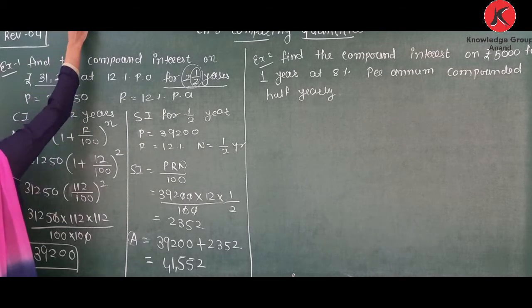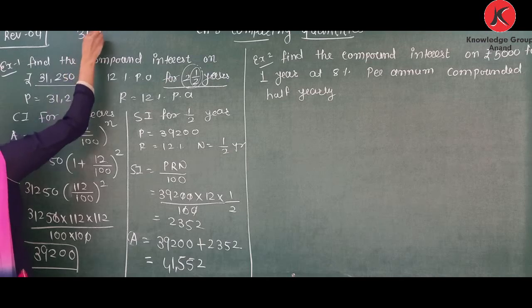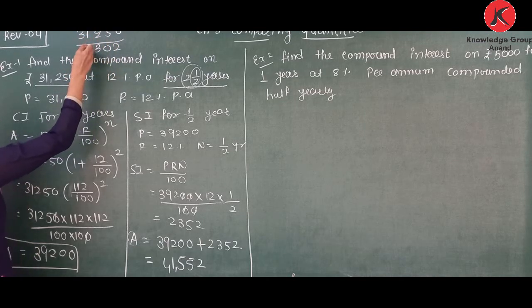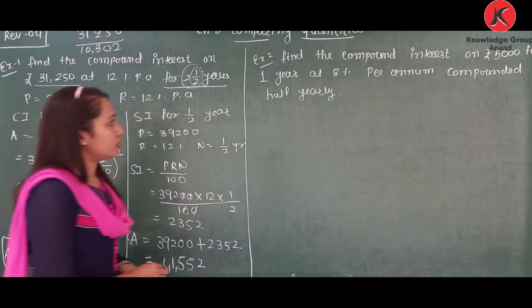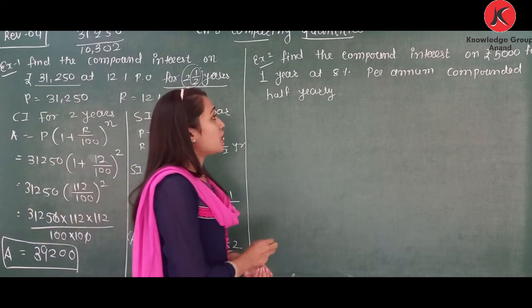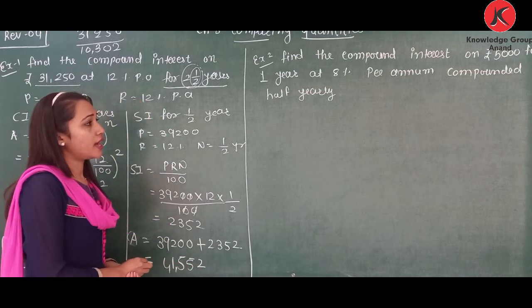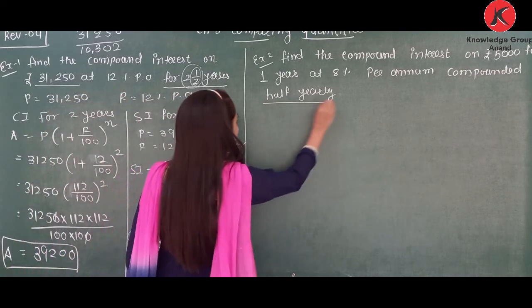So that will give 10,302. That is the compound interest. Clear? Now next one. Find the compound interest on ₹5,000 for 1 year at 8% per annum compounded half yearly.